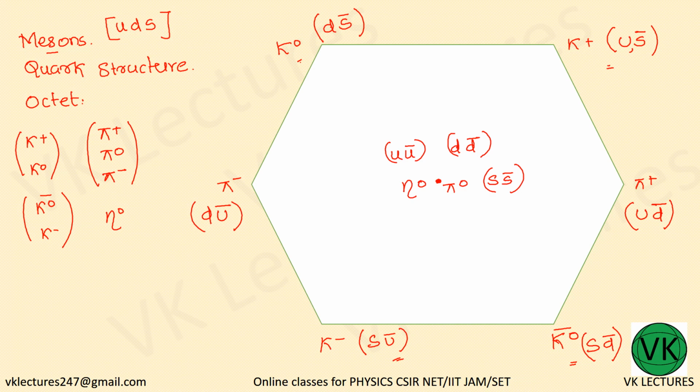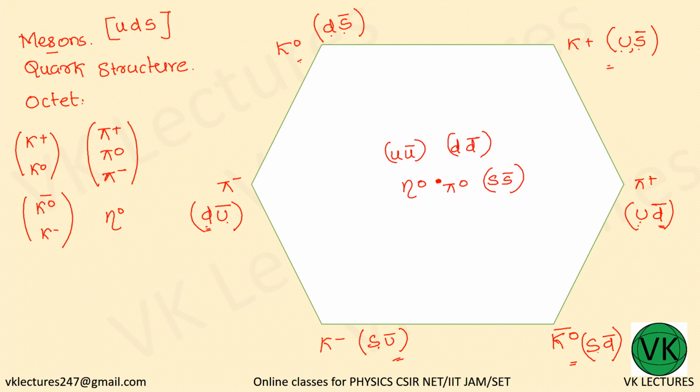So this is how you can remember the quark structure: starting with u you have u here, u, d, d, s and s. And once you are done with the first quark, your next quark is d bar, which is just the antiparticle of d, then d bar, s bar, s bar, u bar.